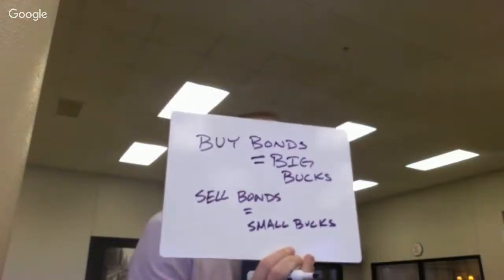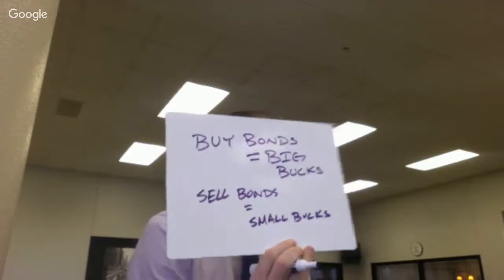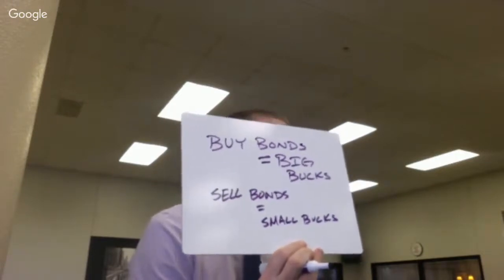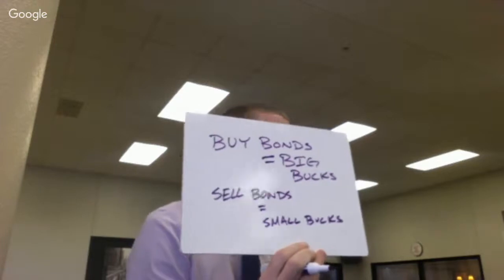Sell bonds, small bucks, that decreases the supply of money. So buy bonds, big bucks; sell bonds, small bucks. Big would be increase, small would be decrease.